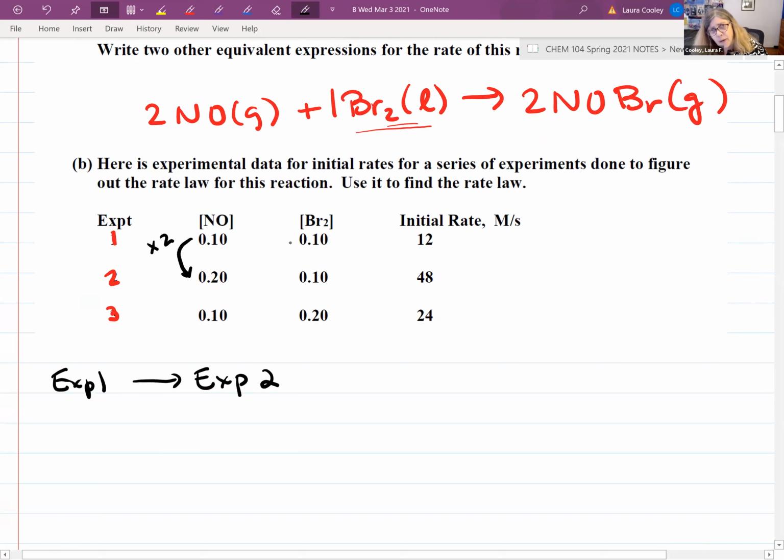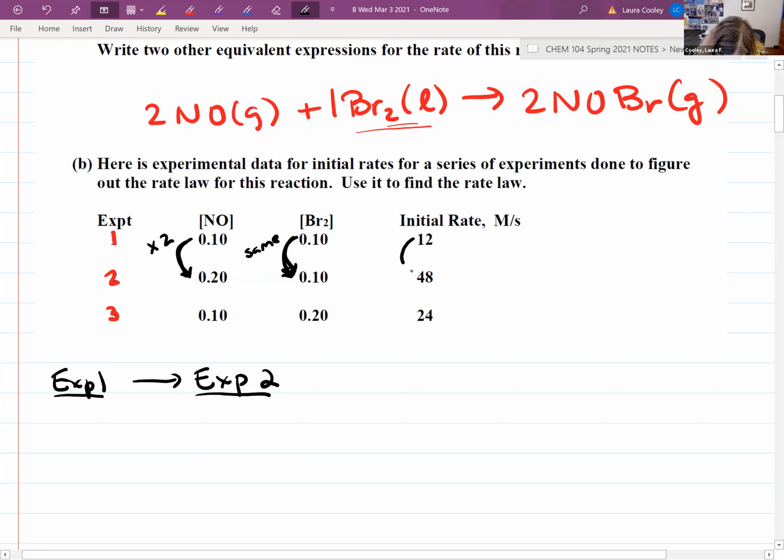The other thing that's very important, and students forget this all the time, is they have to make sure that with the 2 experiments that they picked, the other reactant stays the same. Here there's nothing that I can't pick because it's a pretty simple set of data. All right, so this doubles, this stays the same.